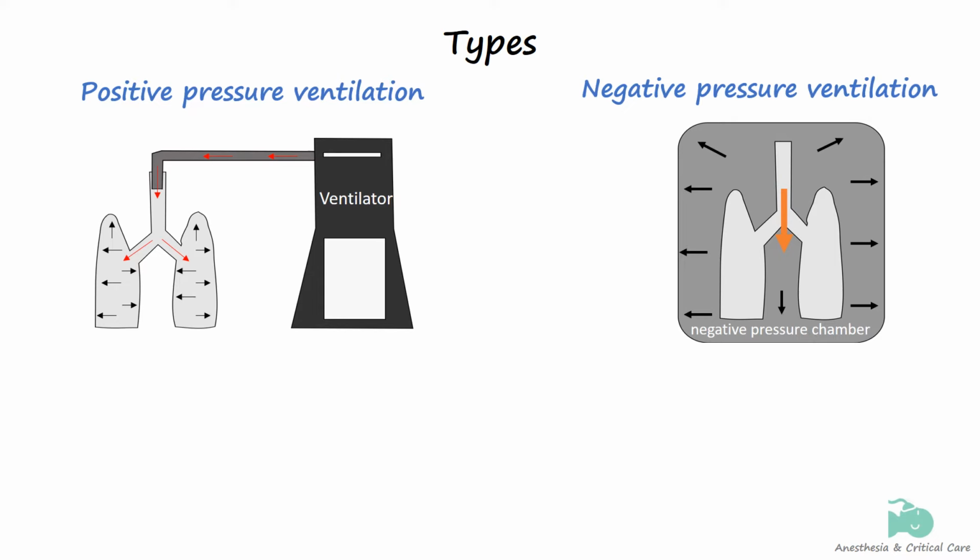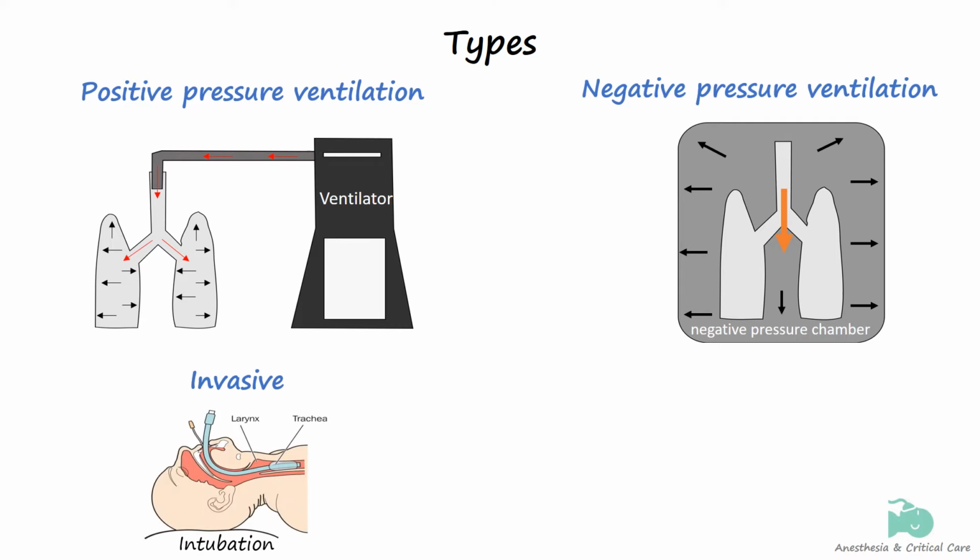Another way to classify mechanical ventilation is taking into account the invasiveness of the ventilation. Mechanical ventilation is termed invasive if it involves an instrument to create an airway that is placed inside the trachea. This is done through an endotracheal tube or nasotracheal tube.